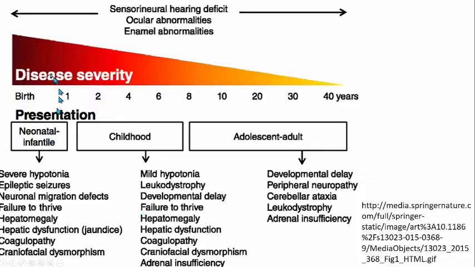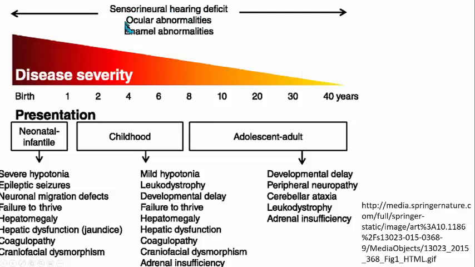And again, you detect all Zellweger's and classify them on the age of presentation and the severity of the disease. The most severe Zellweger's are those that have the neonatal or infantile onset, and the least devastated individuals are those who have a teenage or adult onset of the disorder.